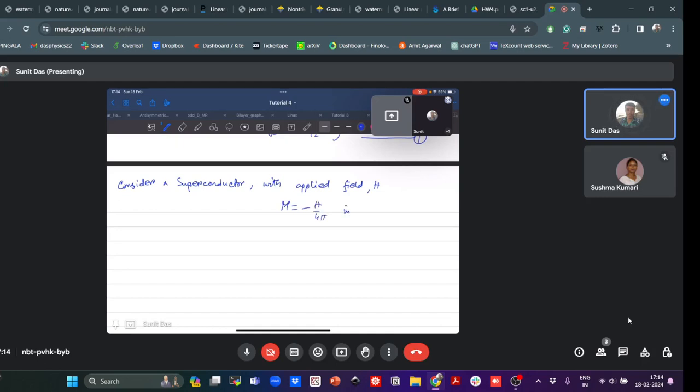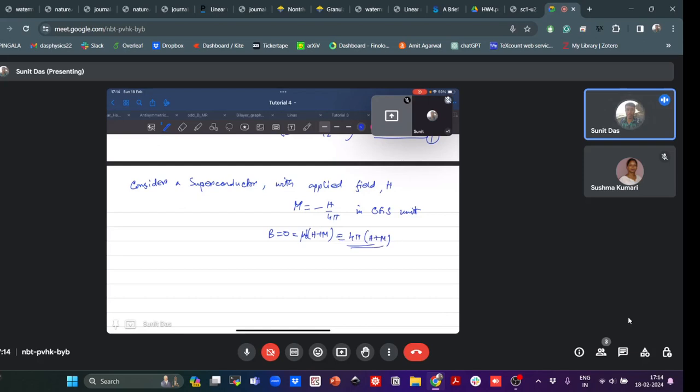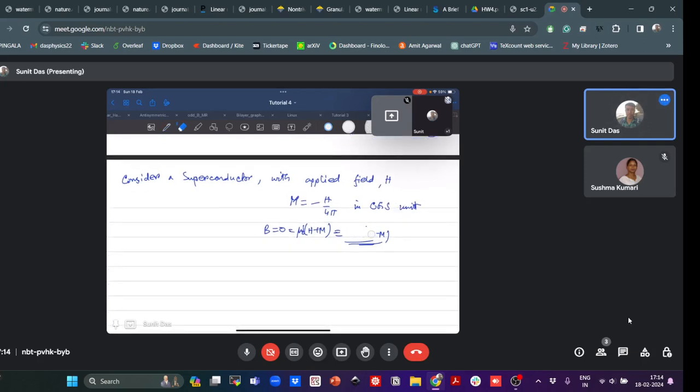In the CGS unit. Because within the superconductor, B will be 0 and B is H plus M. In the SI unit, it is mu 0, but in the CGS unit, it is equivalent to B equal to H plus 4 pi M. From this, we can say that M is minus H by 4 pi.